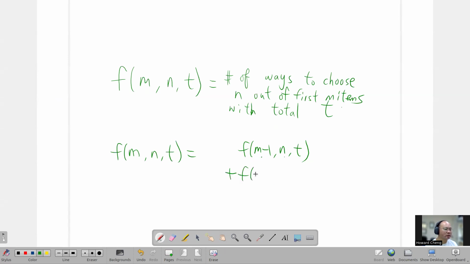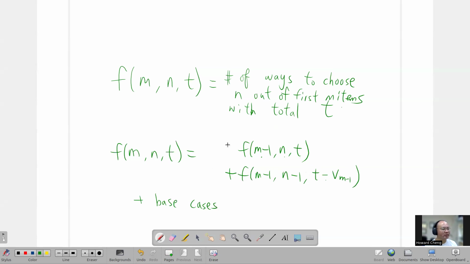Or you choose the last one, so you have one fewer thing to choose, and T minus the value of M minus 1. The number of ways you choose the last one and the number of ways you don't choose the last one, you add them together. That's the answer, plus the appropriate base cases that you have to deal with.